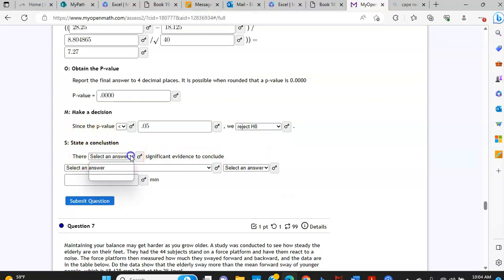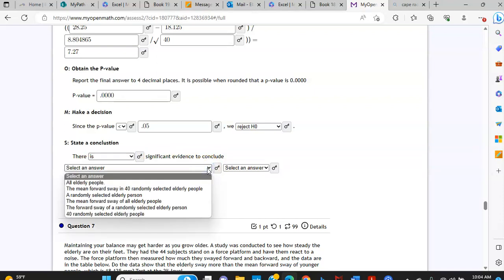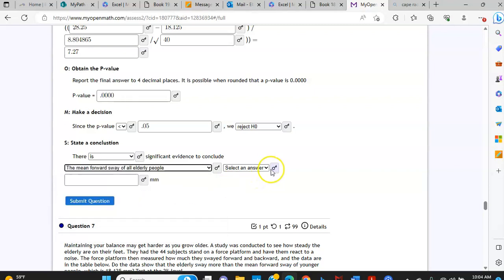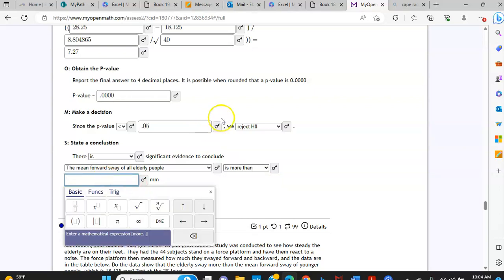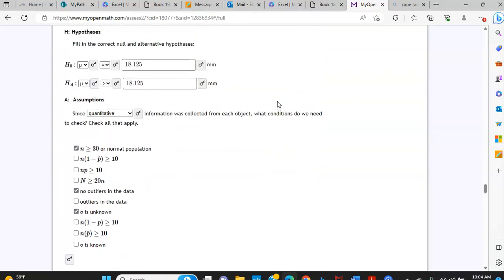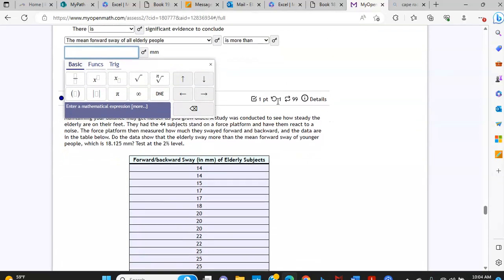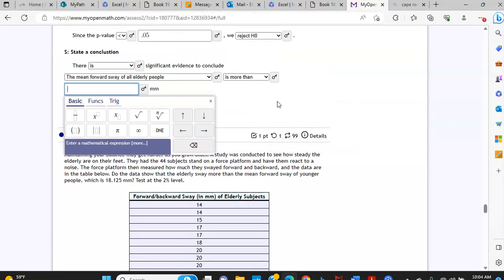So there is significant evidence to conclude that the mean forward sway of all elderly people is more than, let's see, what was our null, 18.125? 18.125.